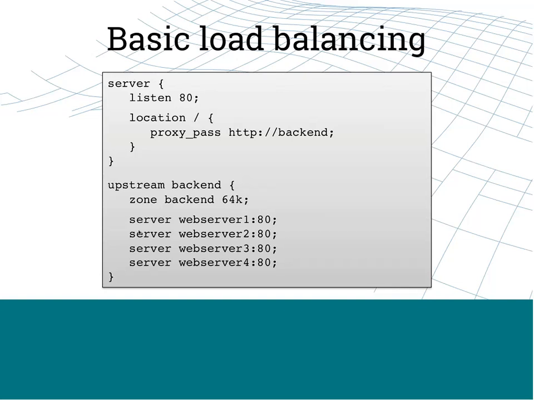An upstream group is essentially a load balancing pool. It's a set of candidate servers that can respond to that request, and NGINX will apply a load balancing method to pick a server and forward the request to that one. In principle, very, very simple, and we can see it running in action with exactly this configuration.